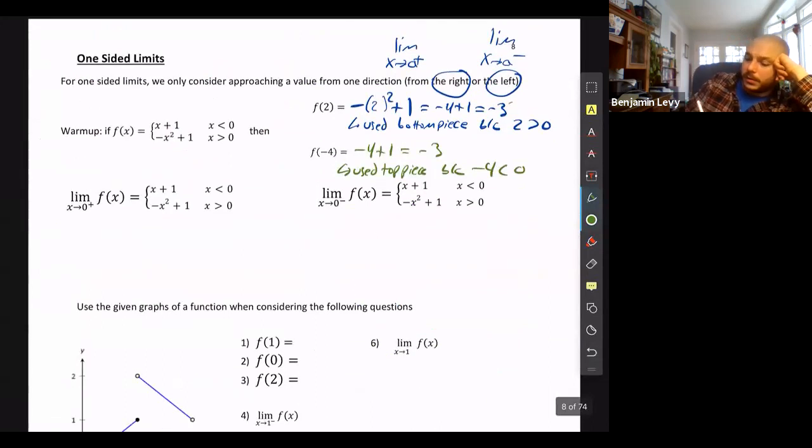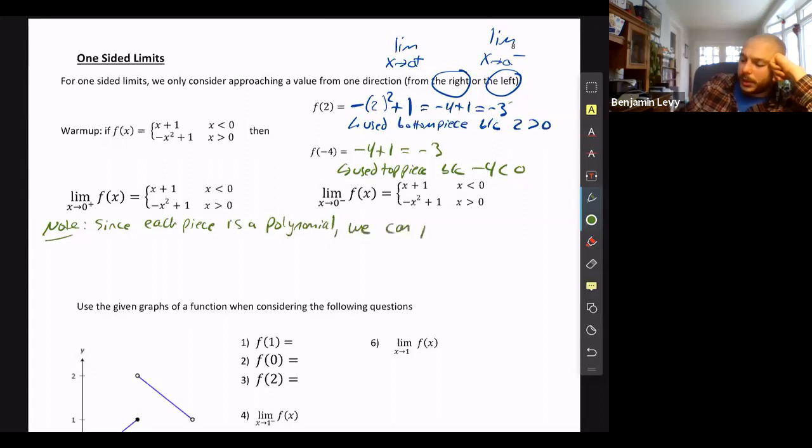So note, since each piece is a polynomial, we can plug the limits directly into them. Question?